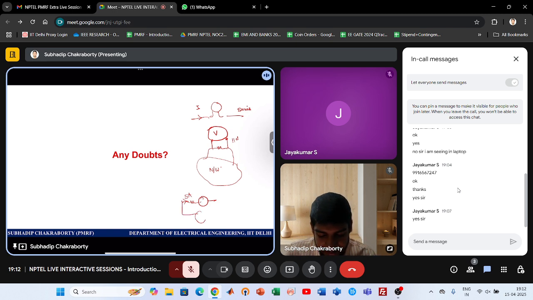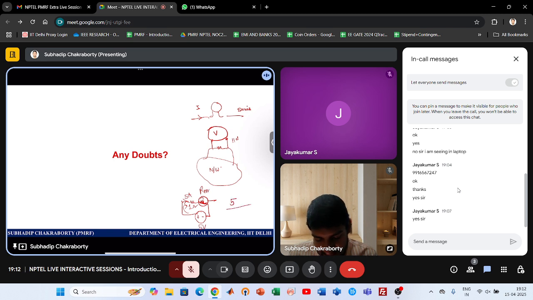What do you mean by loading effect? Let's say this is 5 volts, this is 1 ohm. Without the meter, if you have connected the network, 5 by 1, 5 ampere would have flown. Understood, right? But this meter may have some resistance, so let's call it R meter.